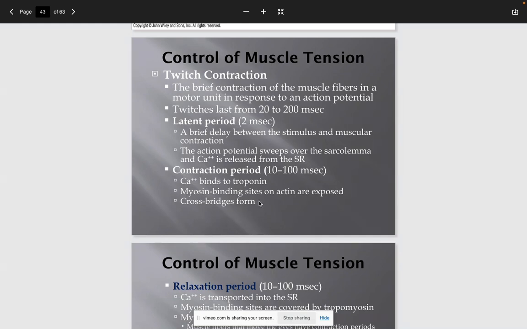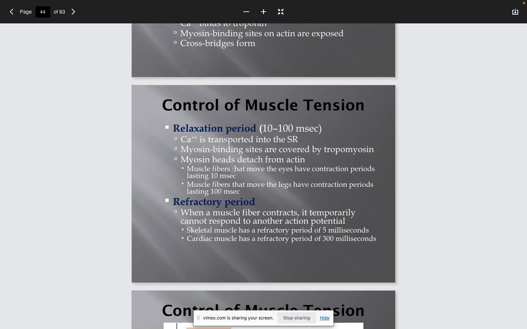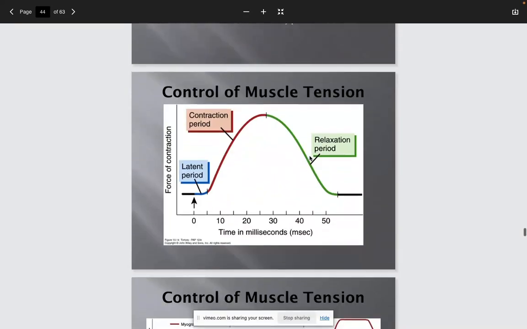That's what I want you to know for the contraction period. The latent period is a period where there is a delay between the stimulus reaching the motor unit and the muscular contraction. The relaxation period is a period in which the myosin head detaches from actin.